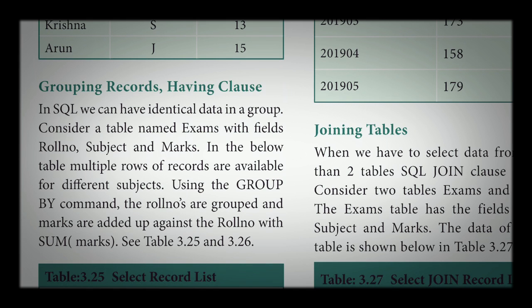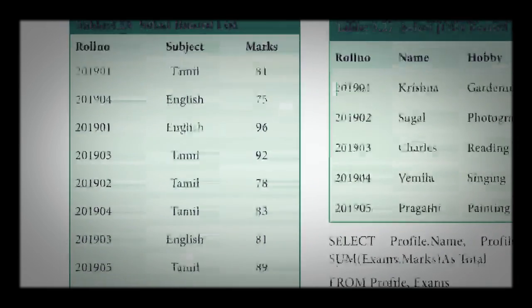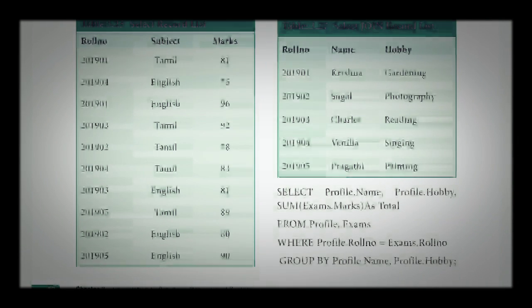Using the GROUP BY command, the roll numbers are grouped and the marks are added up against the roll number with the sum of mark. See tables 3.25 and 3.26.